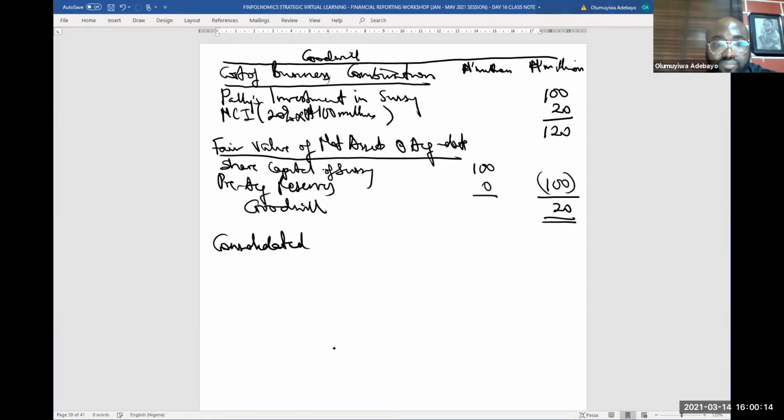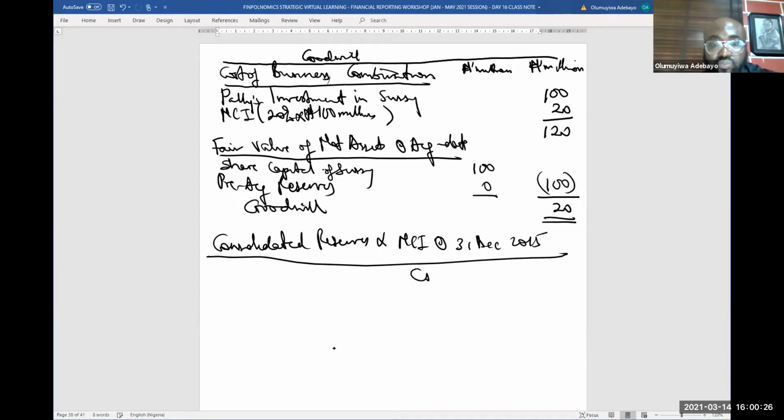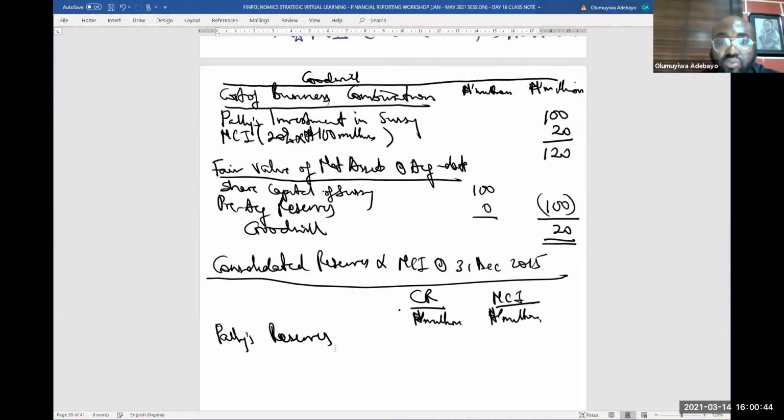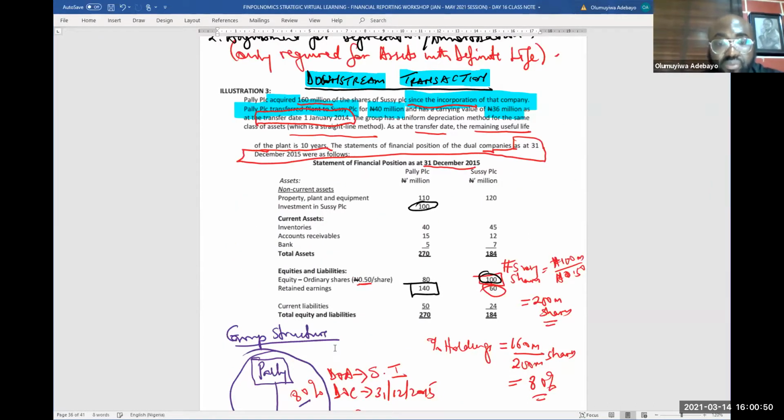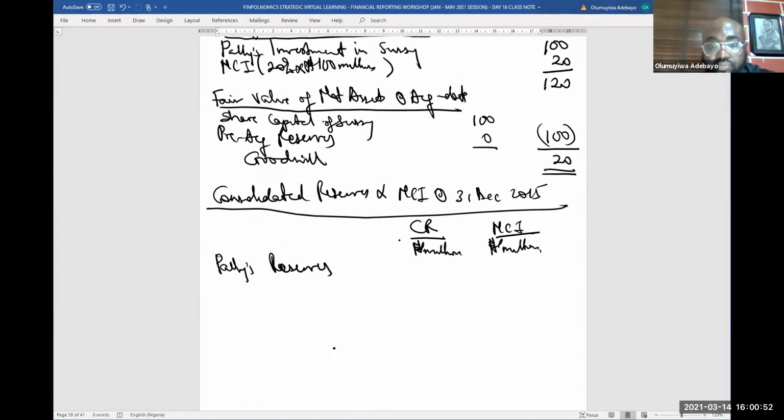Consolidated reserve and NCI as at today. Pali's reserve is $140.